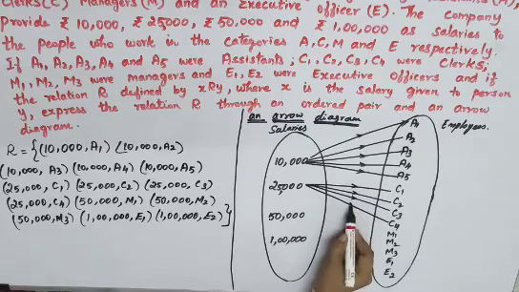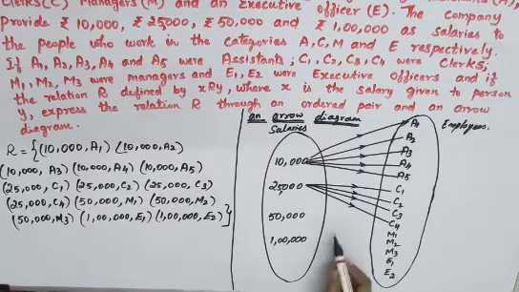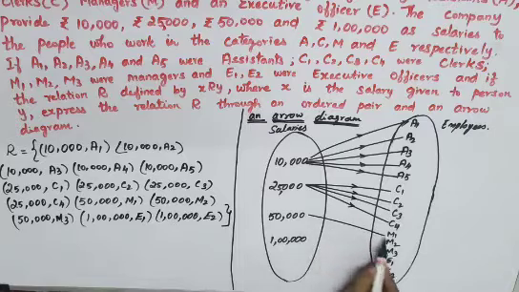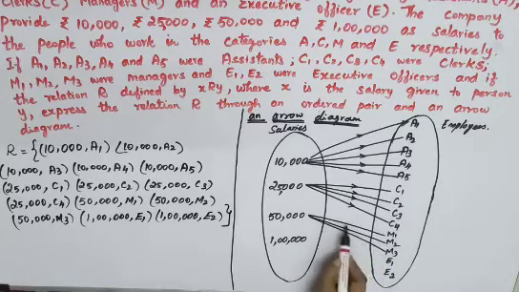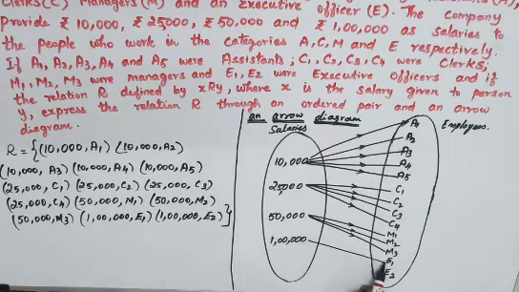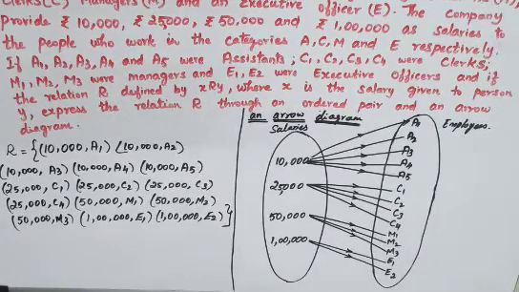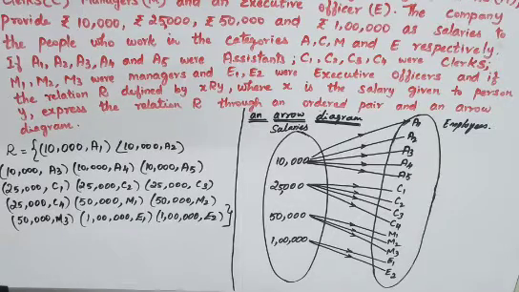So all these 4 persons will be getting 25,000. Then 50,000 to M1, M2, M3. That is the managers will get 50,000 salary. Then 1 lakh is executive. So it is 2 persons are there. So we'll have to mark like this. So this is an arrow diagram for your given question. So this is the answer for your 5th question.